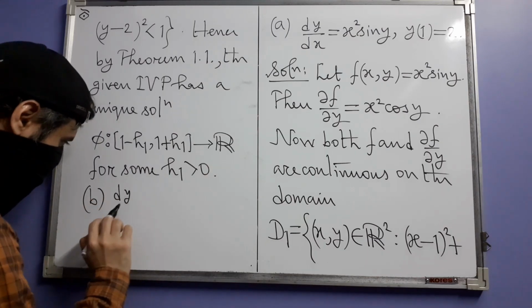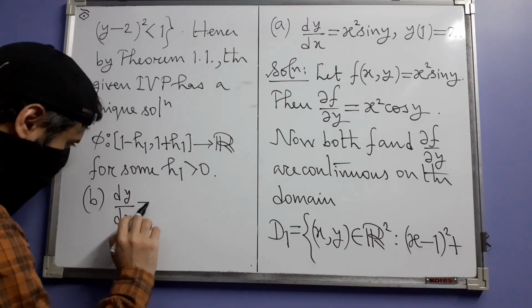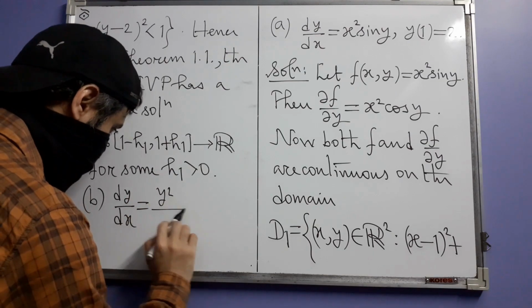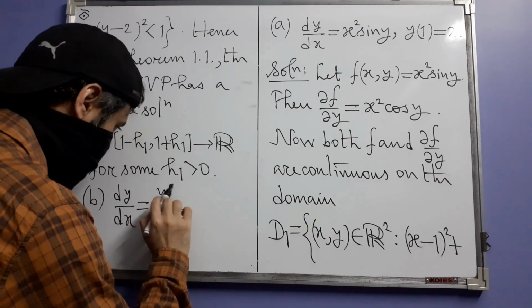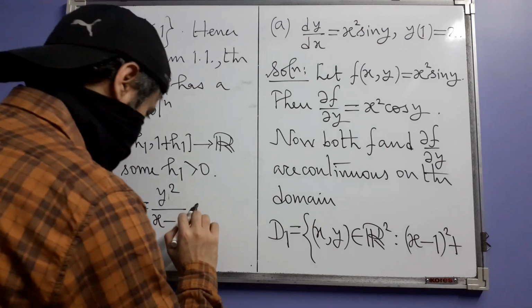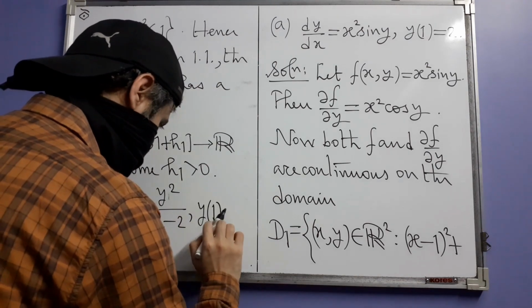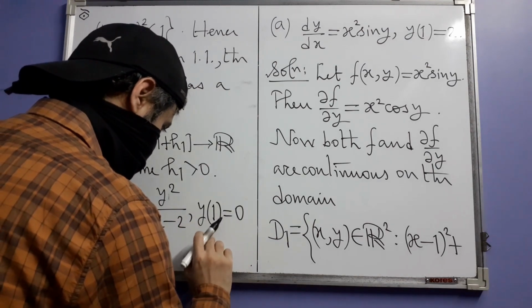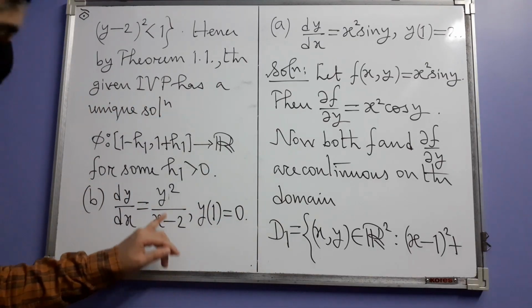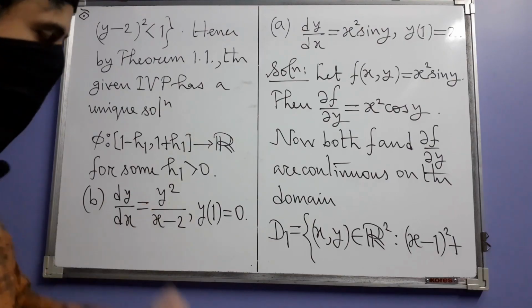dy/dx equals y squared divided by x minus 2, and the initial condition is y of 1 equal to 0. So this x minus 2 is there in the denominator.